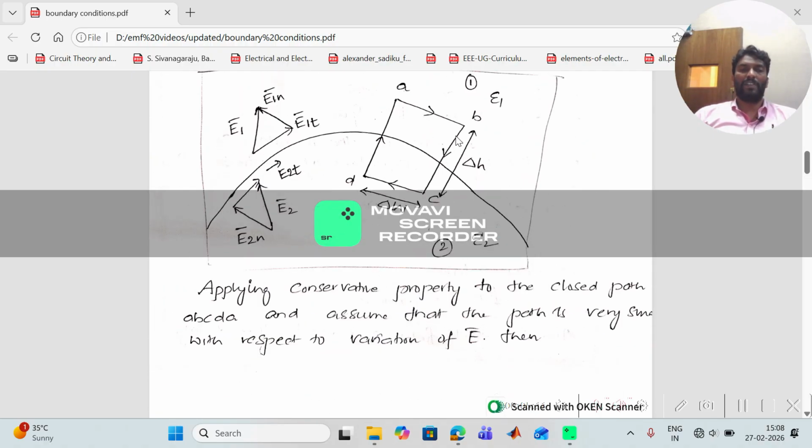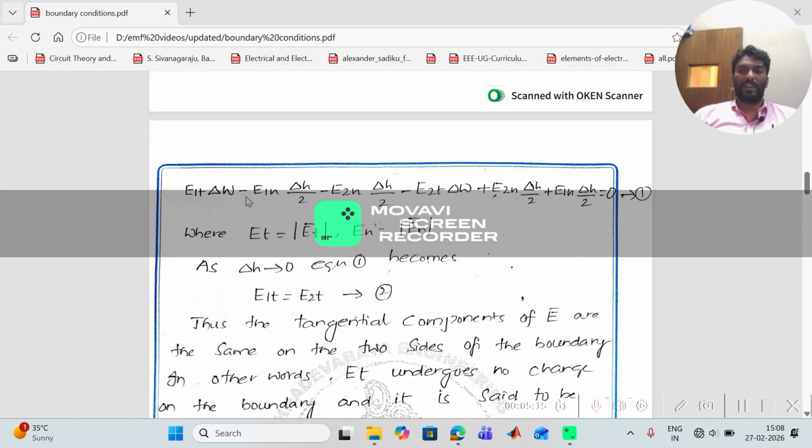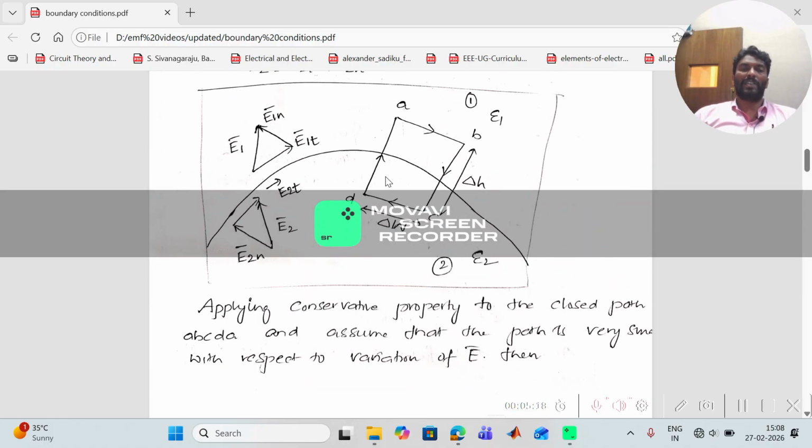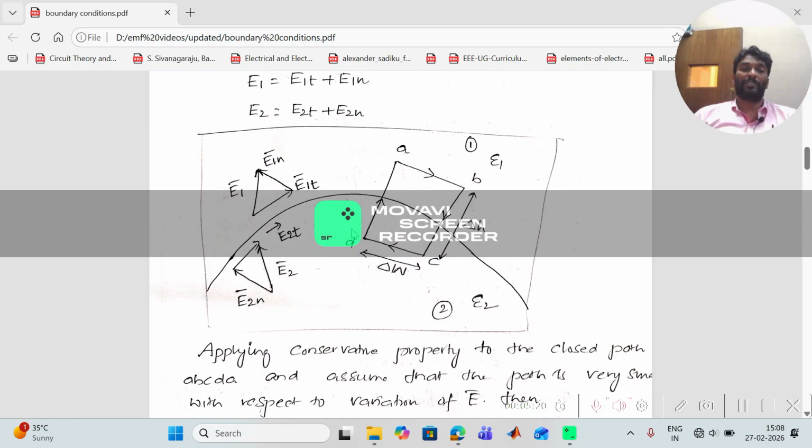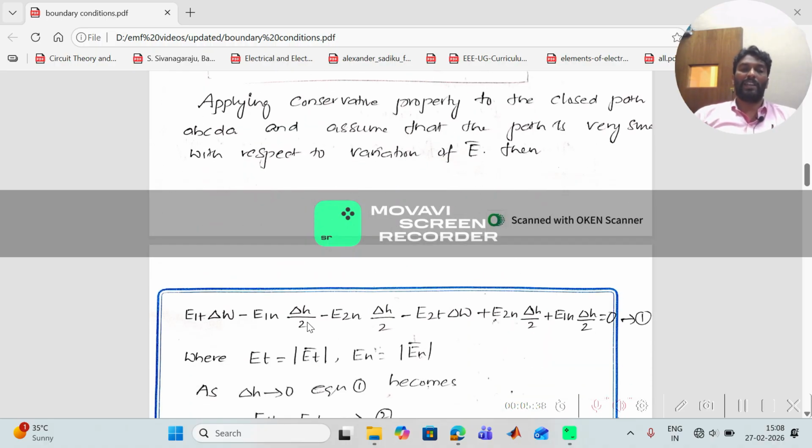It is traveling in the direction of E1n, but it is written with a minus sign because it is exactly traveling in the opposite direction to the first media's normal component of electric field intensity. We can see it is upward direction, but it is in downward direction. And when traveling from B to C, halfway it will travel in the first region and the remaining half it will travel in the second region. So it is written as delta H by 2 minus E2n.